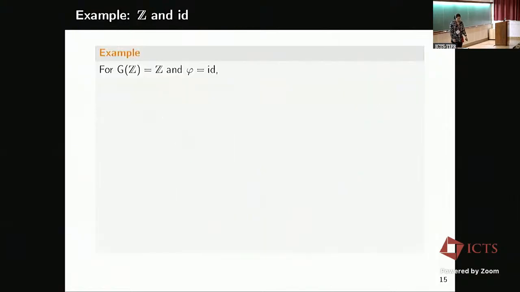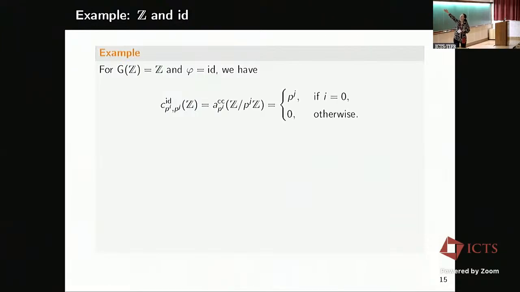So just to give you one example, why not? If you take the identity automorphism in Z, then of course, let's just take the powers of P, so mod P^j. We know that the number of conjugacy classes of Z mod P^j, well, we know that this is an abelian group.